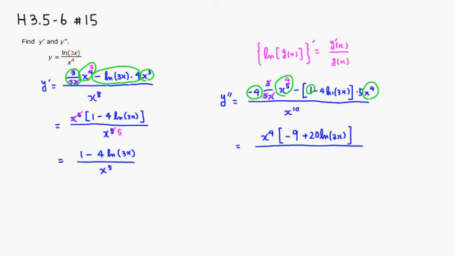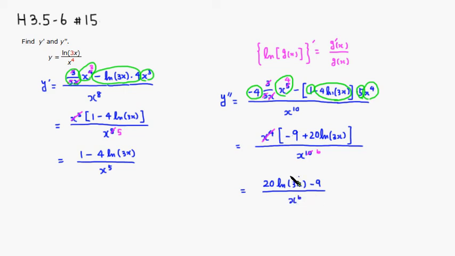So we incorporated this 5, and we took care of that as well. Then you have x to the 10th power. Then we can just cancel x to the 4th, and that's going to be the 6th power. So therefore we have, I'm going to write this first, 20 natural log of 3x minus 9 all over x to the 6th power.